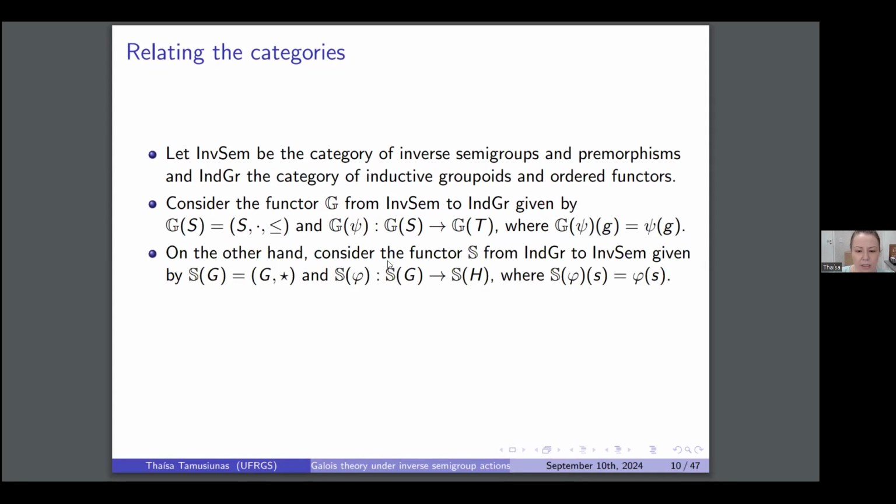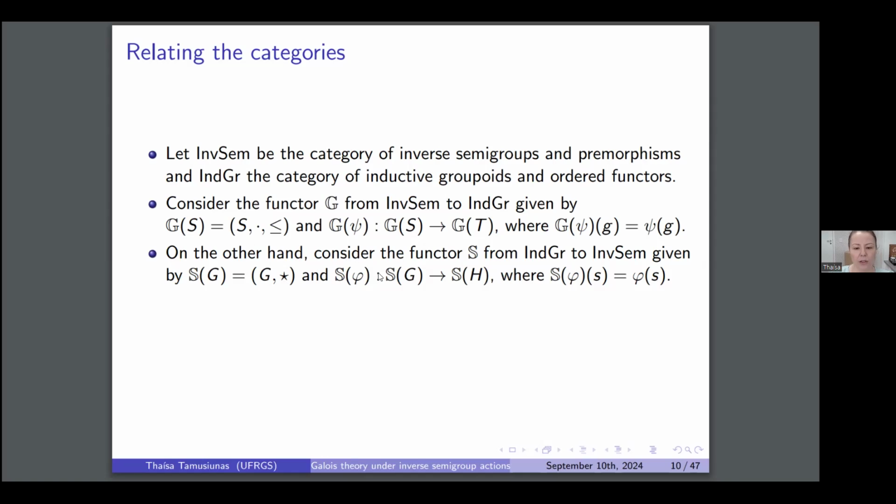On the other hand, consider the functor S from inductive groupoids to inverse semigroups. We take an inductive groupoid G and associate it to G star, which is the pseudo product, a totally defined operation, and it gives G a structure of inverse semigroup.